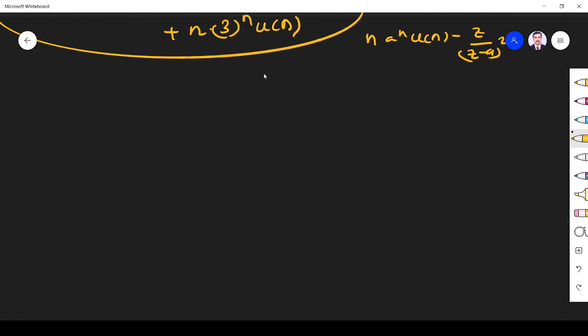And the next problem is, you see, find the inverse z transform of X of z equal to z square divided by z plus 2 into z square plus 4.